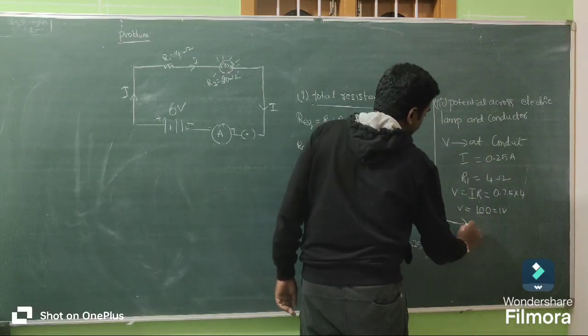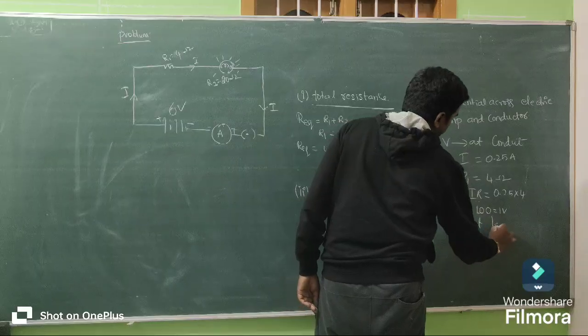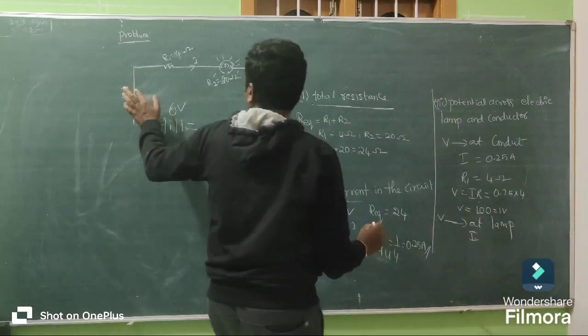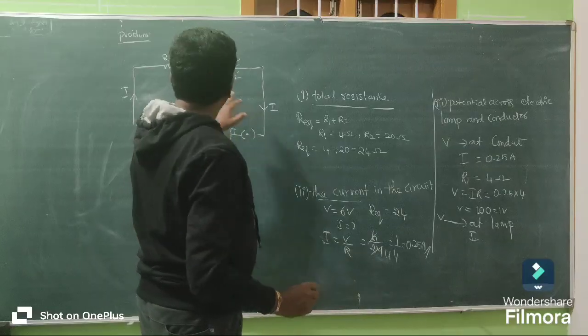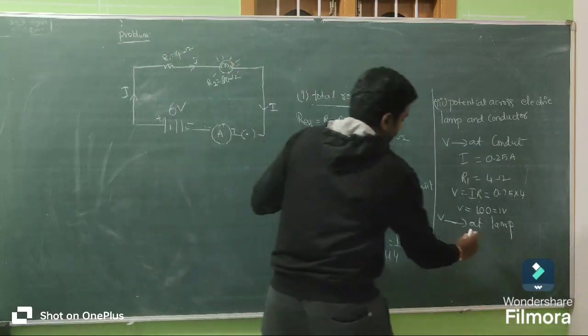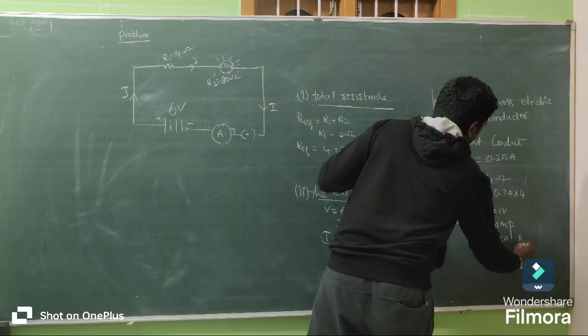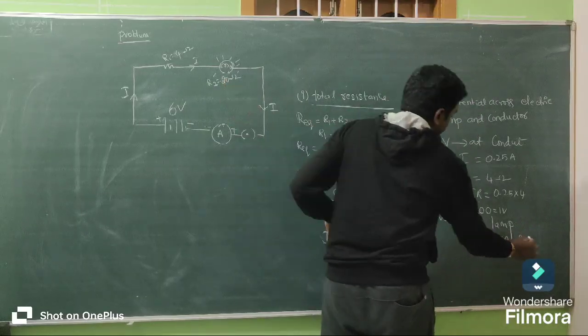Now V at lamp. Again I value is the same current, 0.25 ampere, and resistance R2 is equal to 20 ohm.